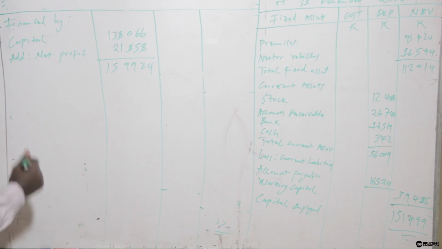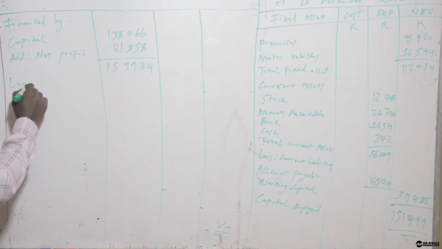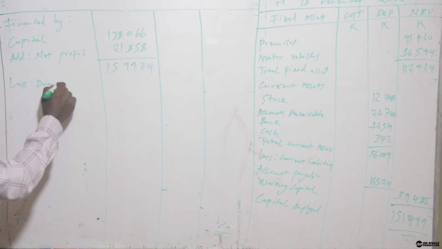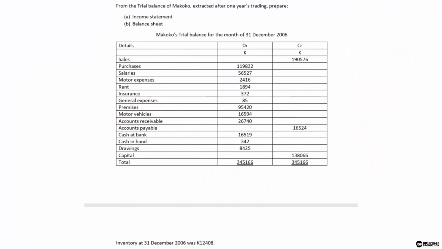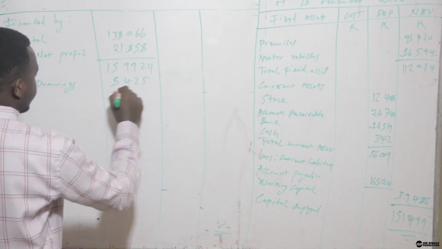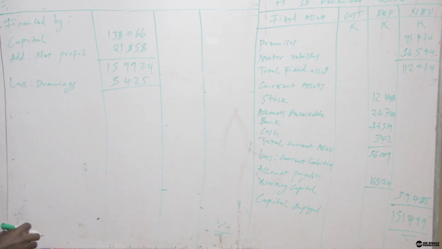And since we have drawings, we're going to say less drawings. In the amount of drawings that we are having, 8,425.